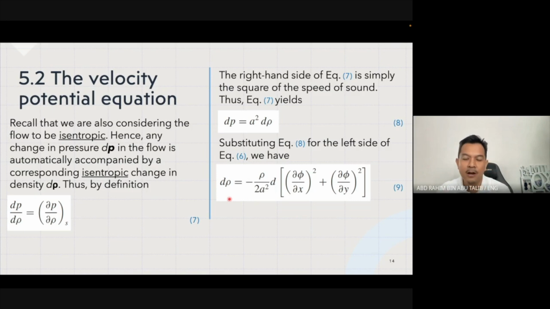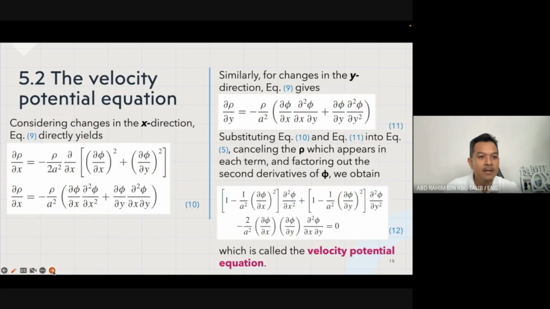I hope you can follow through the steps from number 1 and so on. We are going very slow so that you can appreciate which assumptions are being made and what equations we are relating to. All right. Considering the changes in the X direction, equation 9 that we have already found in the last slide directly yields this expression.